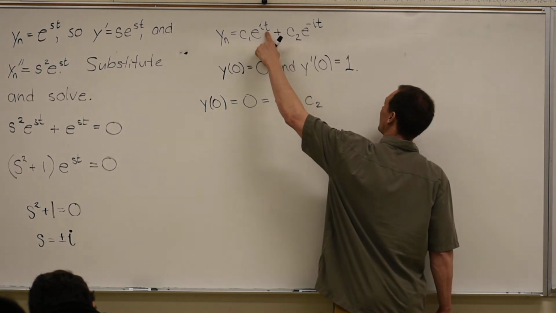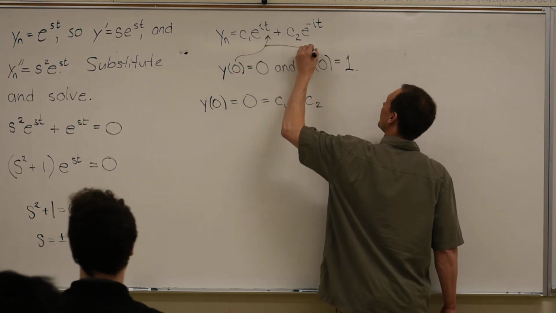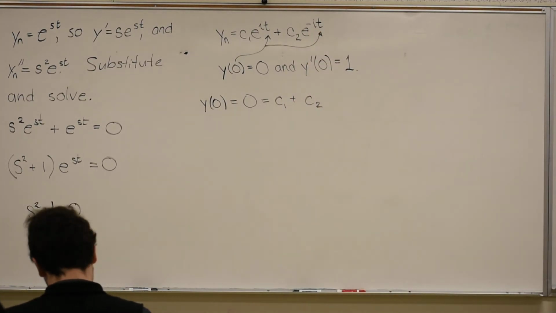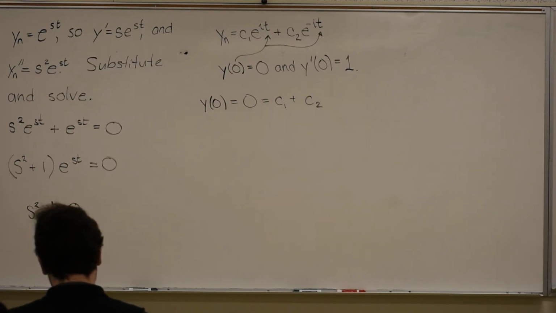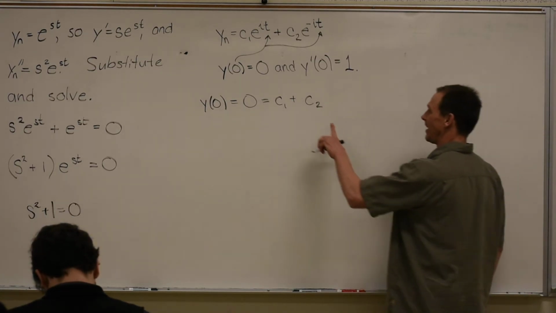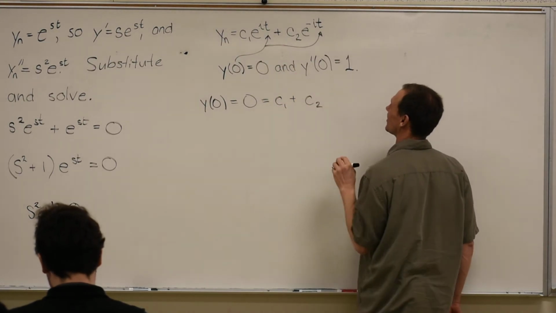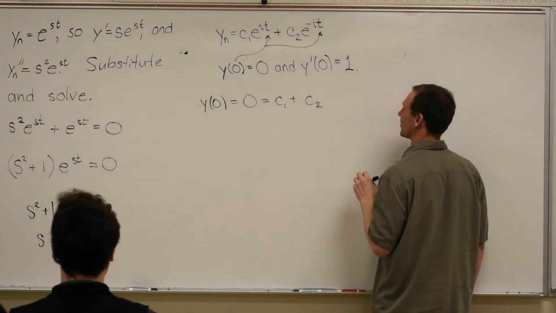I put that 0 into there, and you could expand those out using Euler's identity. But we've got two constants to find, so now we need to use our second initial condition.